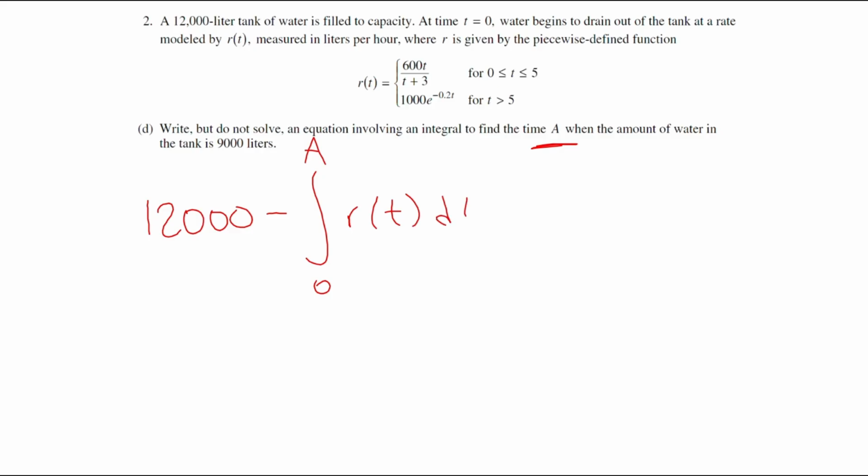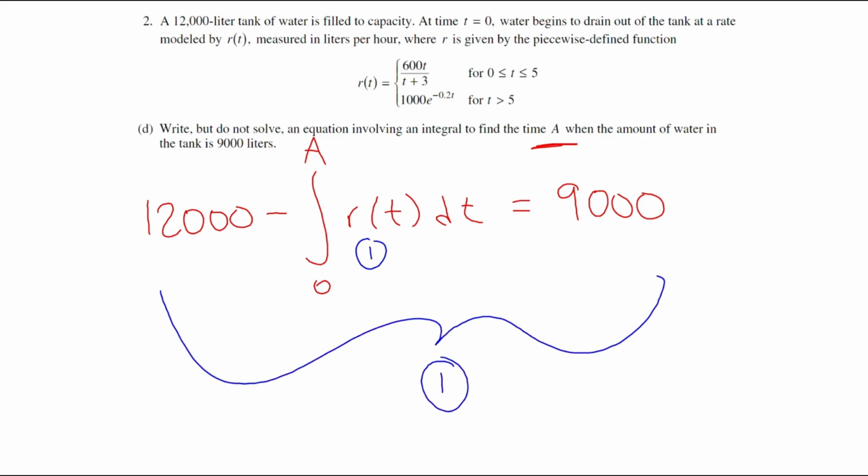That's going to tell us how much is in the tank at some time a. Well, we want that amount to be 9,000, so just set it equal to 9,000. Pretty straightforward one there. You get 1 point for having the integral and 1 point for the whole equation.